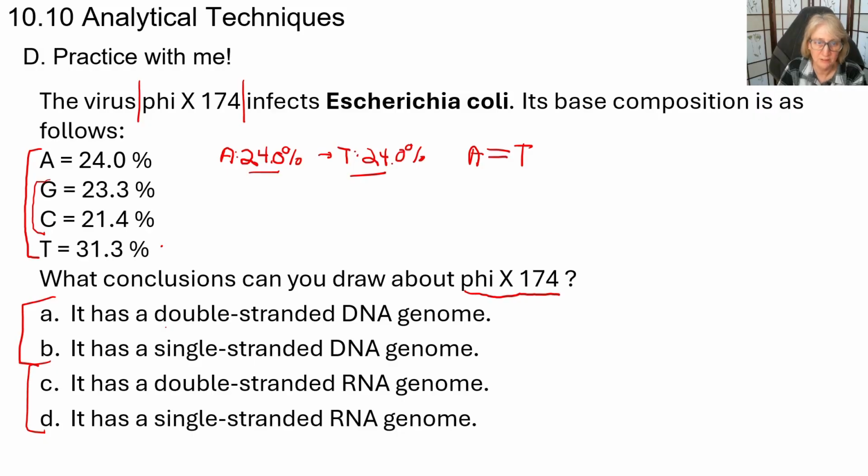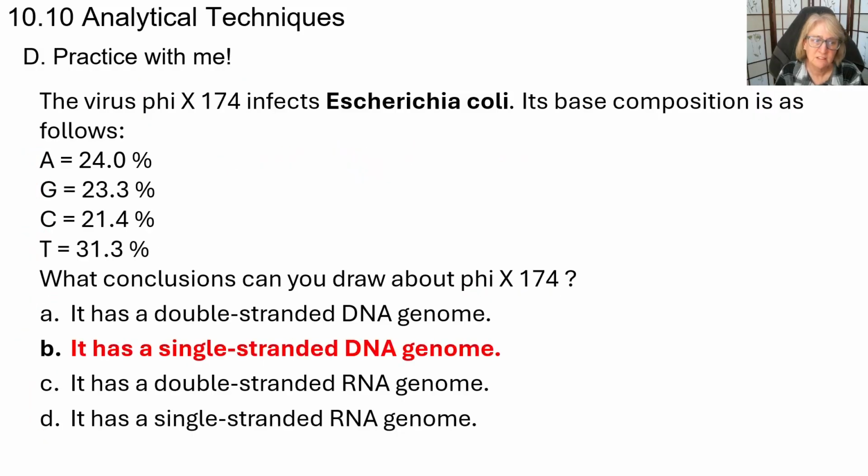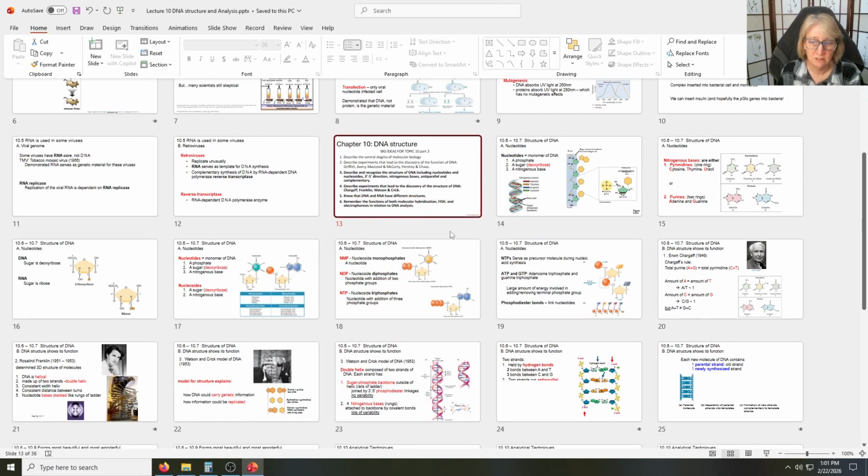I'm going to give you time to pause. It's a single-stranded DNA genome. It's not forming binding pairs, but it is using DNA as its code. This is a code. It's just not a code in double strands. Well, I guess I thought there were three questions. I guess there are two.